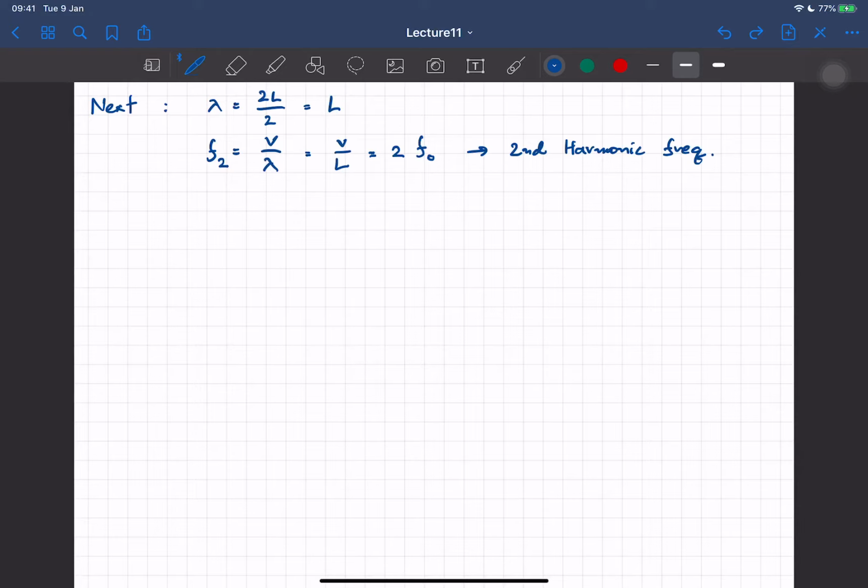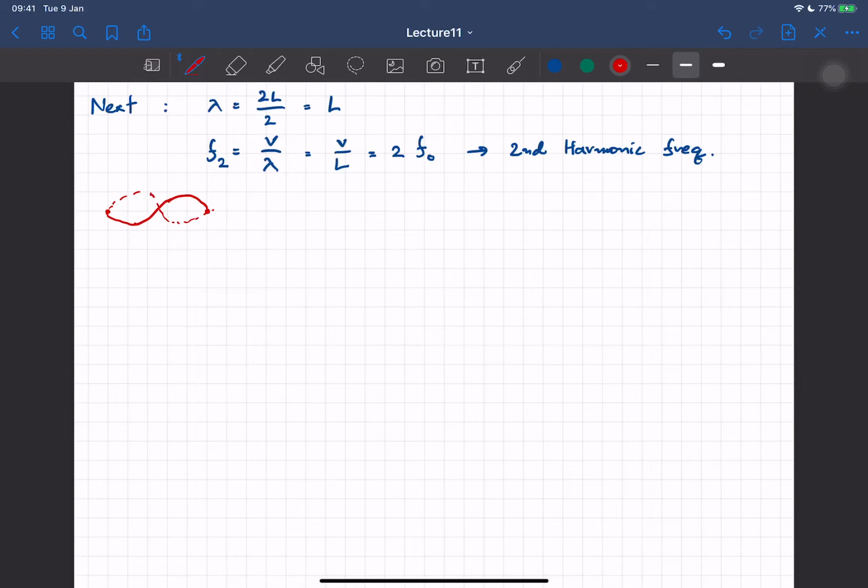So in this case the wavelength is actually L. If you draw the picture of the string in this case, the whole wave is going to show up. It's going to look like this, a full sine wave, and it's going to oscillate up and down. This is the second harmonic frequency.